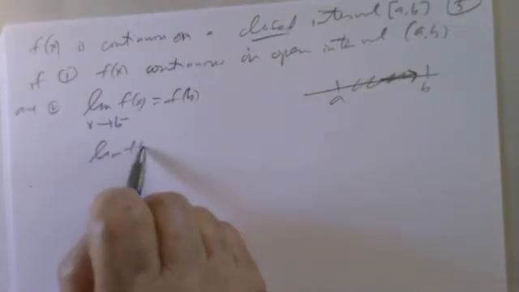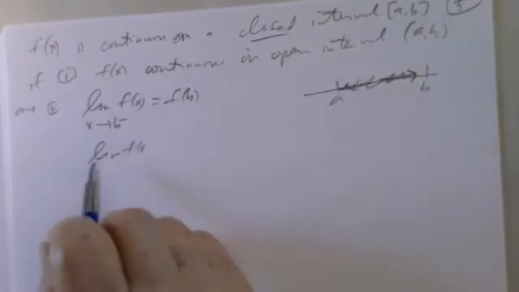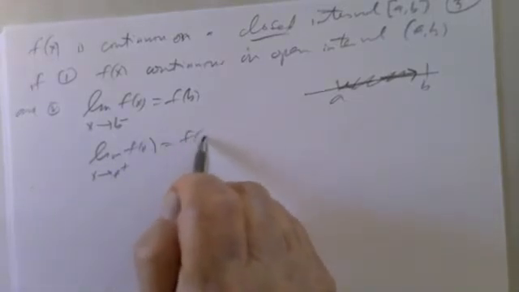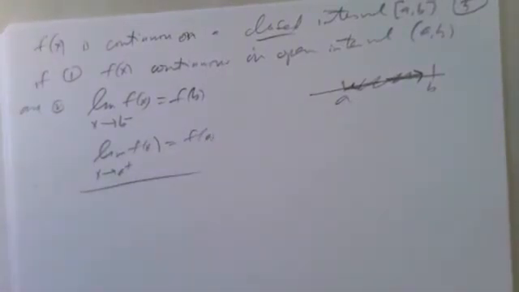And the limit of f of x as you approach a from the right exists and equals f of a. So this really is the natural definition of continuity on a closed interval.